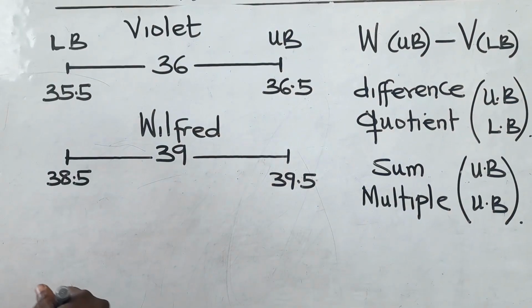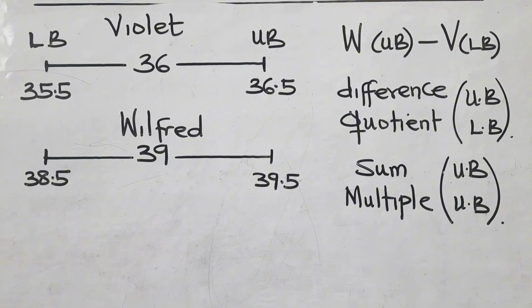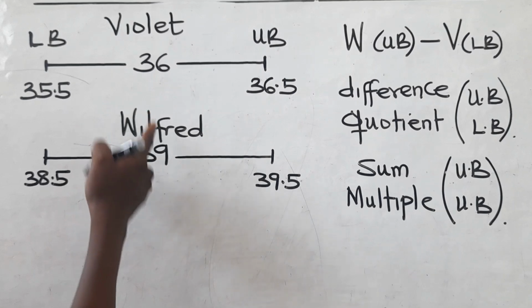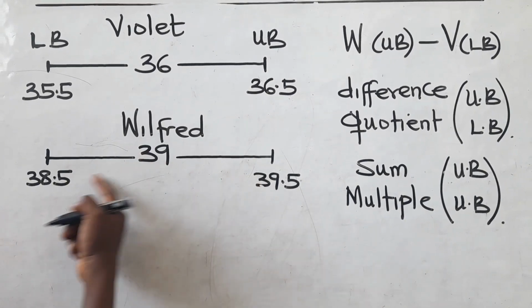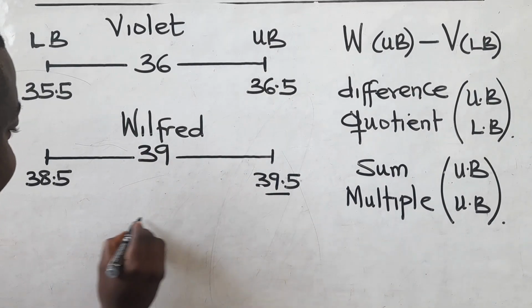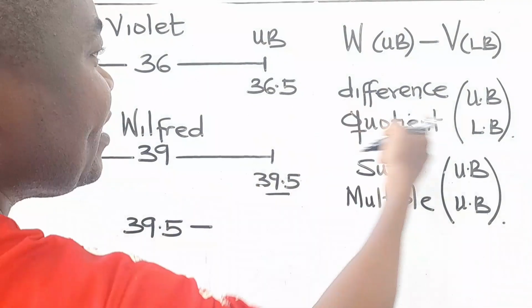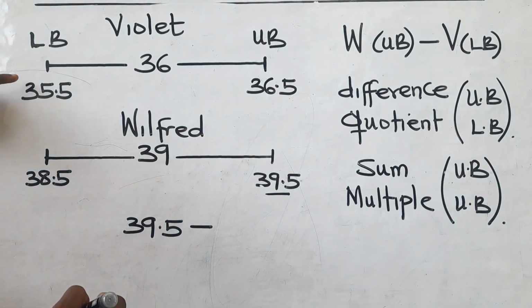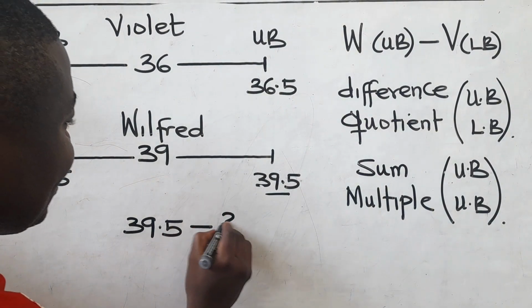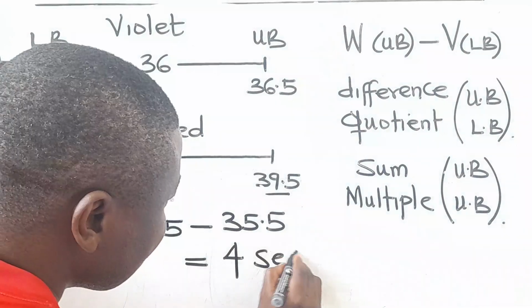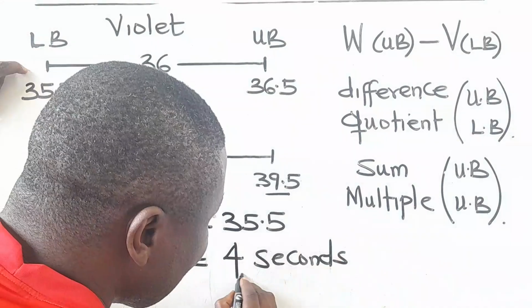Now for this, we will have the upper bound of Wilfred, because she has a larger number, which is 39.5, minus, remember the difference, the lower bound of Violet, which is 35.5, which gives us 4 seconds. 4 seconds, and this is the answer.